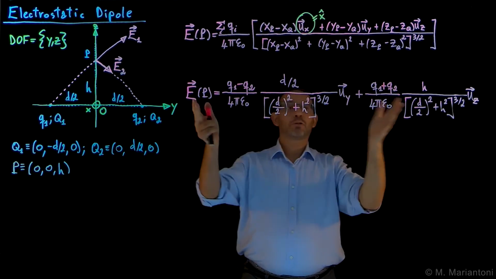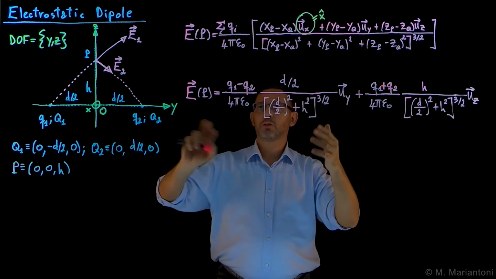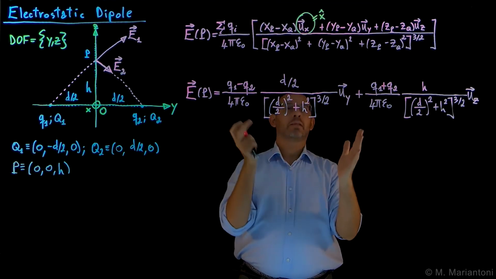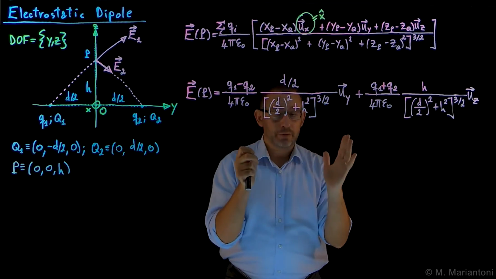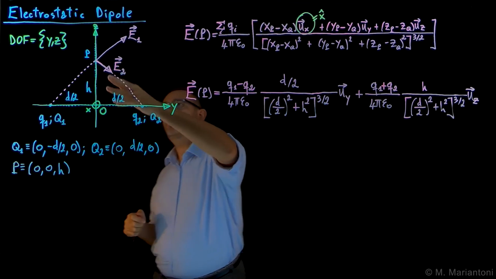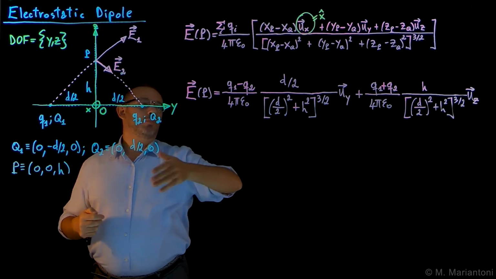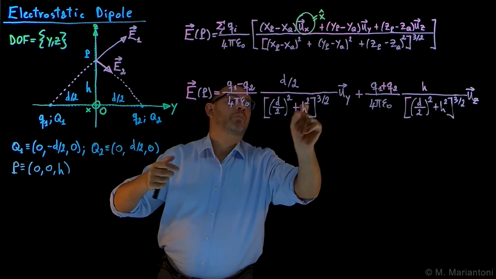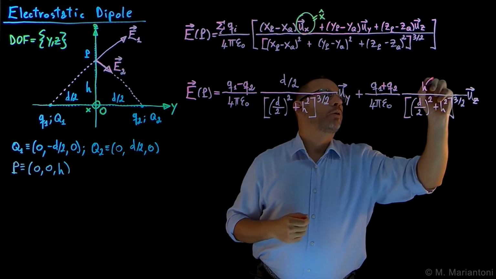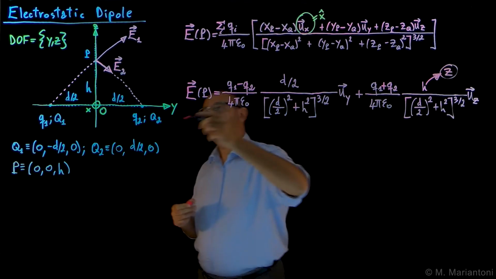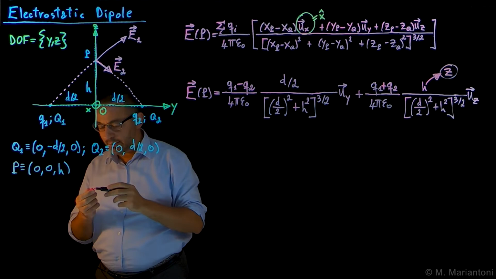And so this is the linear superposition of the electrostatic fields due to the 2 particles, due to Coulomb's law, of course, and this is the final result which we find. Okay, so this is for any point capital P on this axis, because you can basically vary h if you want, and if you make it variable and you just call this h a variable z, then basically you found the electrostatic field everywhere on the z-axis.